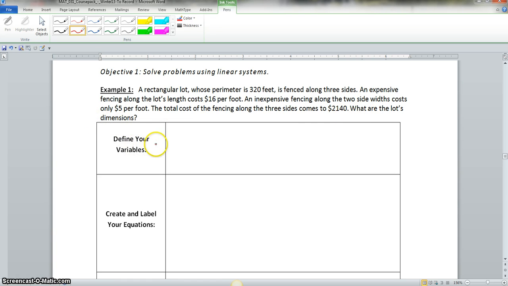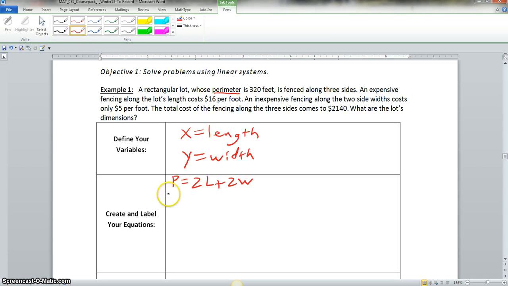It says define your variables. Now we're dealing with length and width here. So x is our length and y is our width. Now it says create and label your equations. First of all, it tells us the perimeter, so we need to find the perimeter. Perimeter is equal to 2 lengths plus 2 widths.